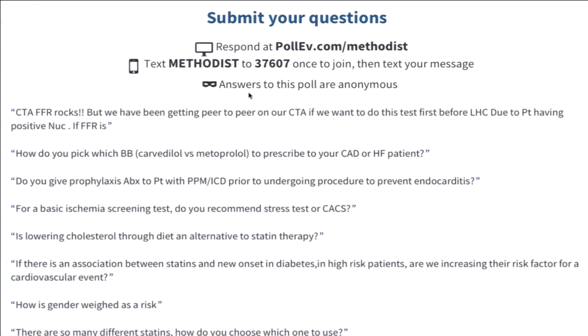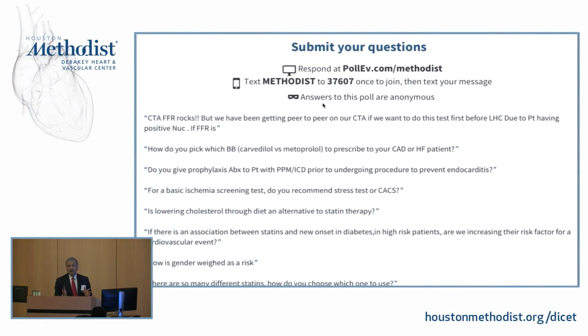CT FFR rocks. But we have been getting peer-to-peer on our CTA if we want to do this first before left heart catheterization. I think the technology, you just tell them very little about what this is. CT FFR. Yeah. So FFR is extremely complicated because it uses fluid dynamics, based on an already nitrate-enhanced or nitrate-expanded artery and looking at contrast flow down the artery.